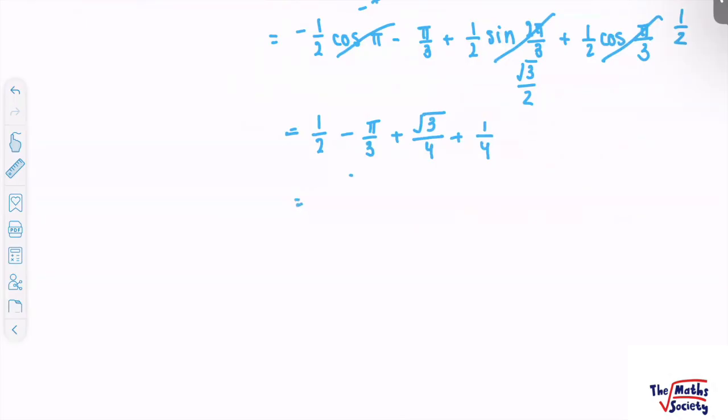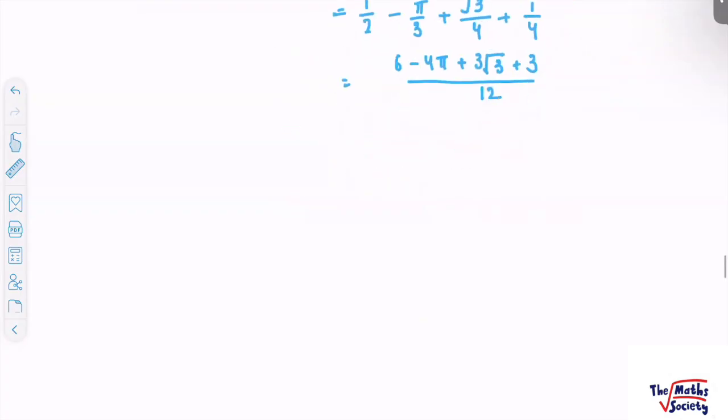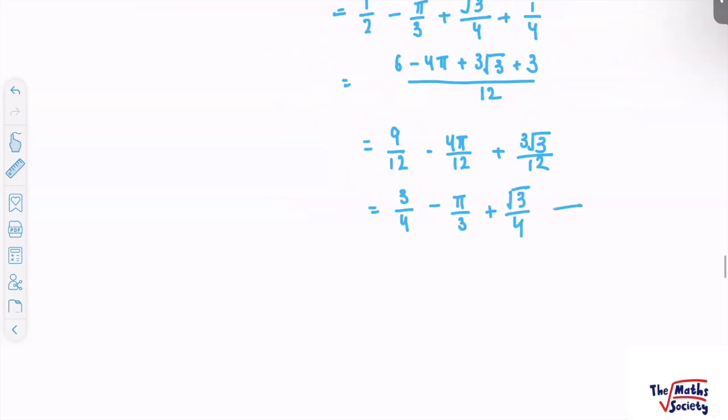So you'll end up with 6 minus 4 pi plus 3 root 3 plus 3, divided by 12. So that's going to be 9 by 12 minus 4 pi by 12 plus 3 root 3 by 12. That's going to be 3 by 4 minus pi by 3 plus root 3 by 4. And that is your exact value.